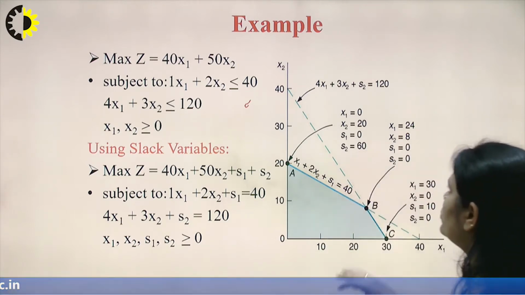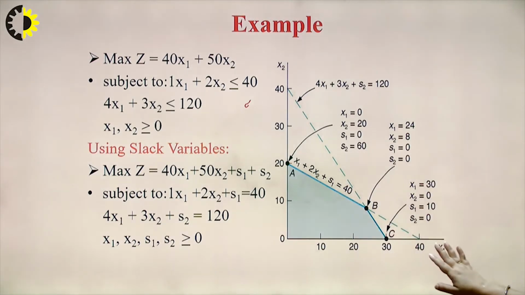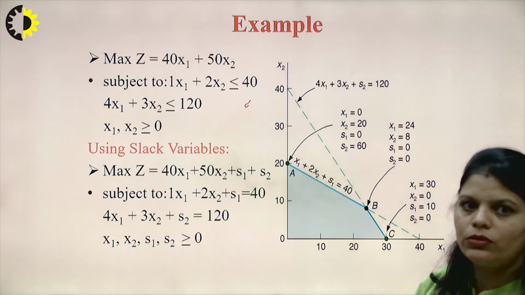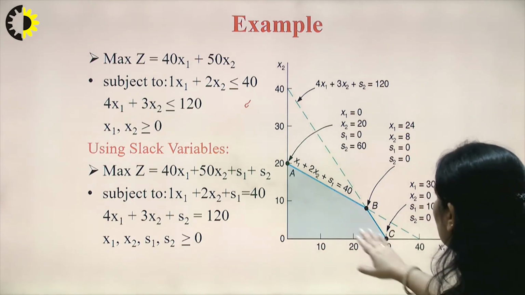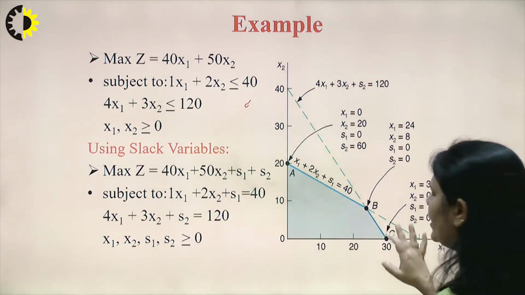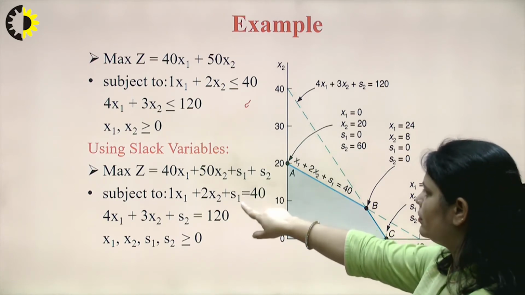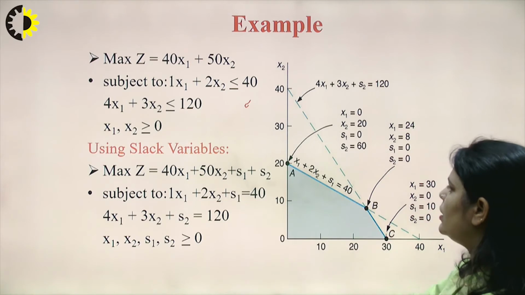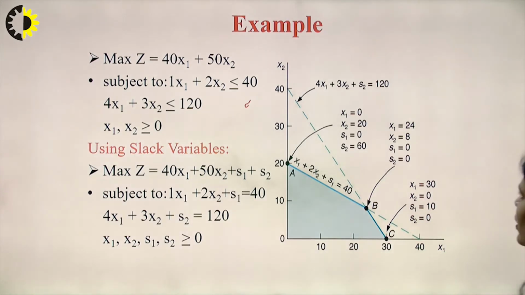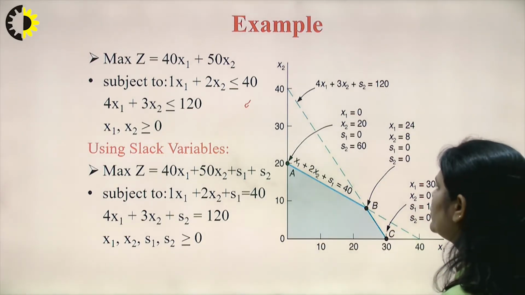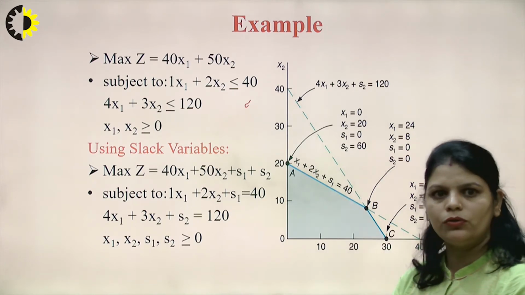Okay, so we have explained this with the help of a graph also. In this you can see that there are two lines, line A and line C. Line A is indicating equation 1. You can see here, this is equation 1. Equation 1 is x1 plus 2x2 plus s1 is equal to 40.